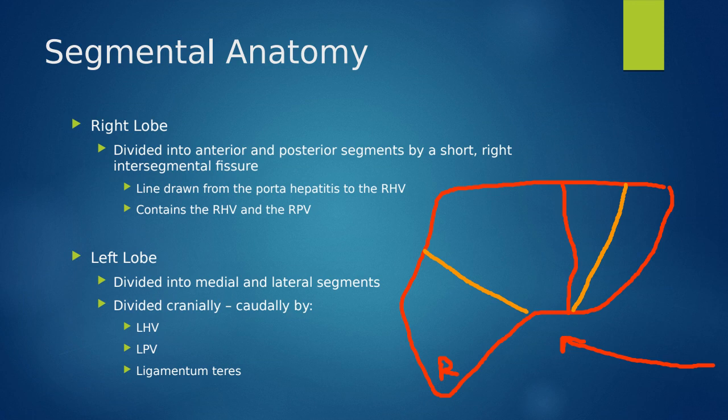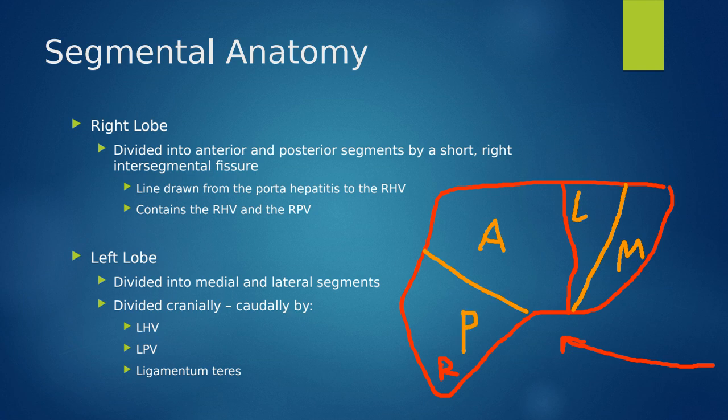Now, categorizing these sections, on the left lobe this would be our medial left lobe, and this would be our lateral left lobe. Our right lobe is not going to be medial and lateral. Instead, it's going to be anterior and posterior.